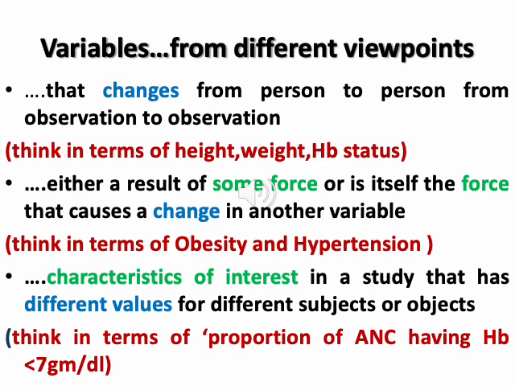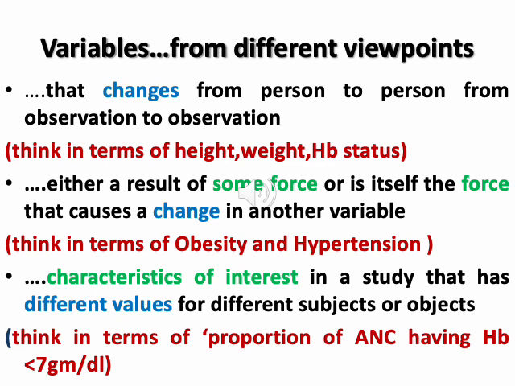Similarly, a variable can be a characteristic of interest. What do I mean by a characteristic of interest? Just think in terms of the proportion of ANC women having hemoglobin less than 7 gram per deciliter. What does it mean?